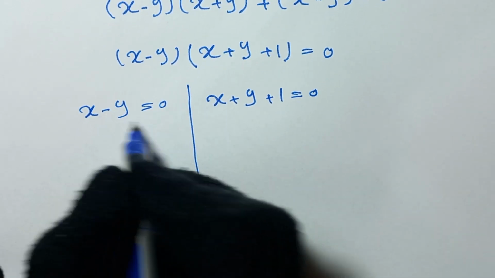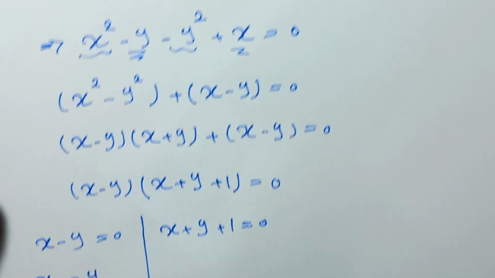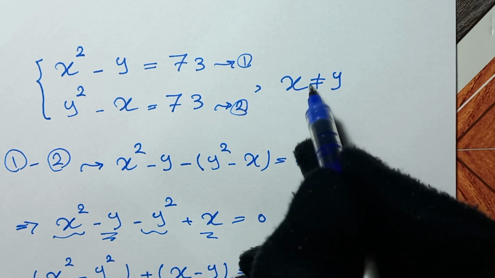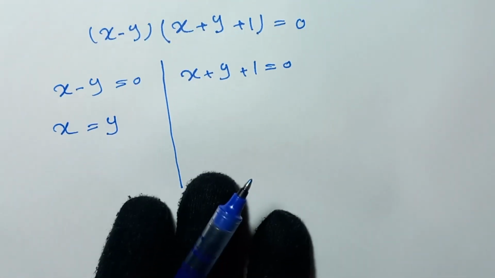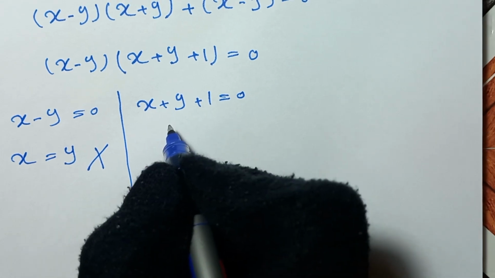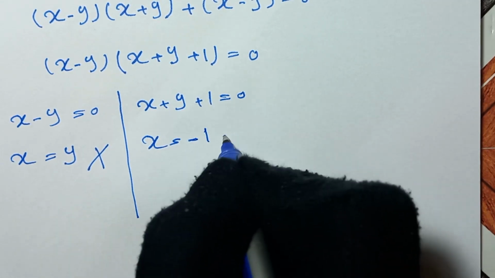From the first, we take y to this side, so x equals y. But our problem condition is that x should not be equal to y, so we reject this answer. In the second, we take these two parts to this side, and it will be x equals negative 1 minus y.